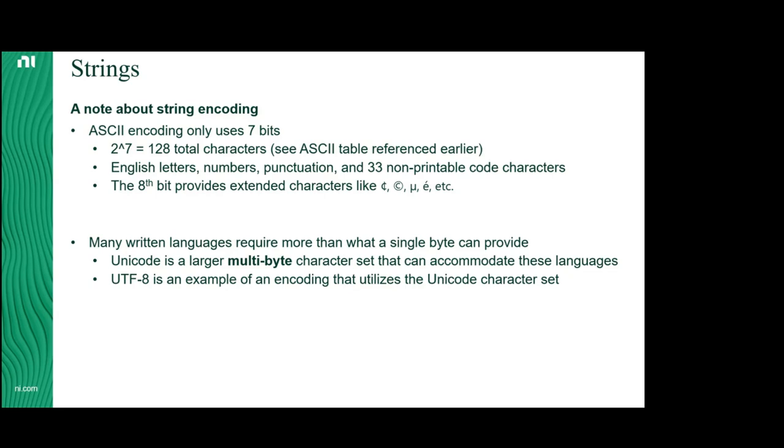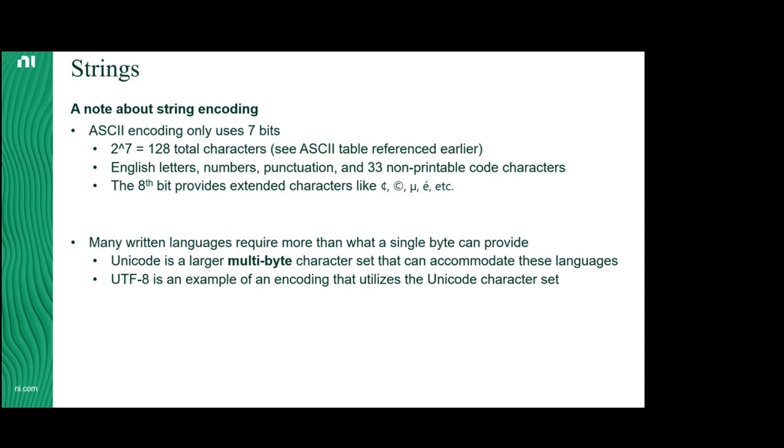And like eñe, for example, it's not listed in the ASCII table because it uses that 8th bit to be drawn as a character. Now the problem is that we're just talking about English right now, and I guess Spanish with the eñe. There's a lot of written languages that require way more than what a single byte can provide. A single byte is going to provide 256 characters, right? There's a lot of written languages that need way more than that.